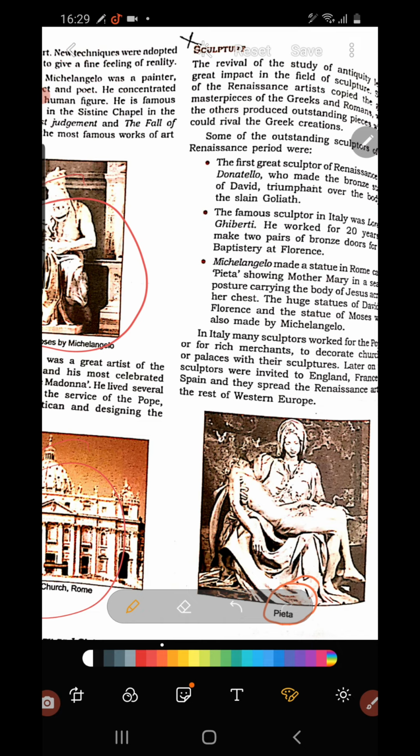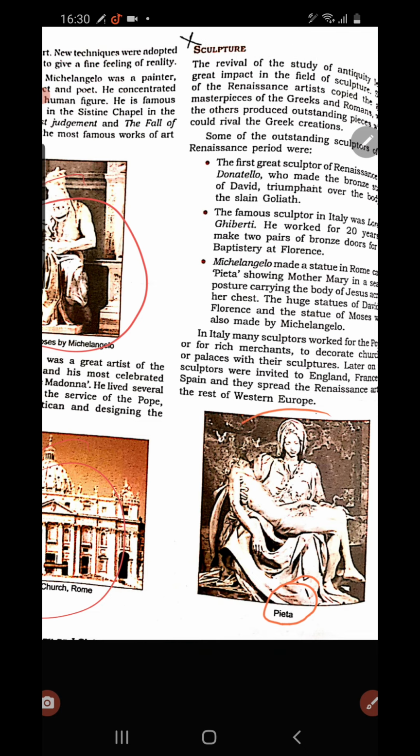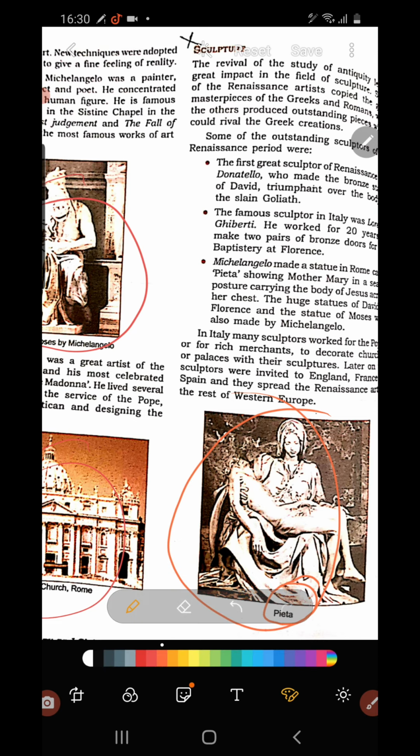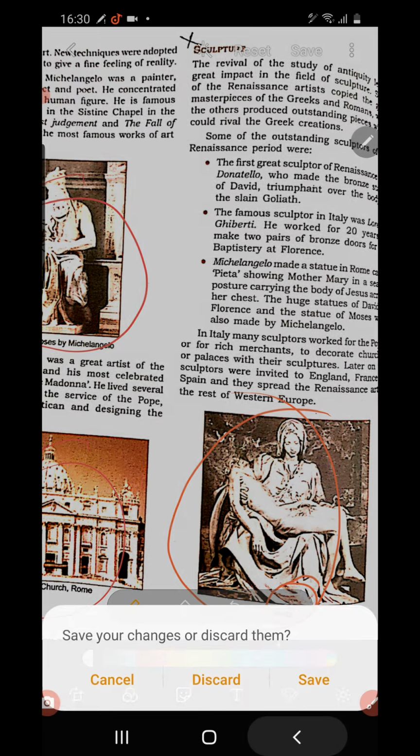So these people never liked him, and they crucified Jesus Christ. Finally, his body after death was brought down and kept on the lap of Mother Mary. That statue made by Michelangelo is called Pieta. The most sorrowful woman in the world is Mother Mary.